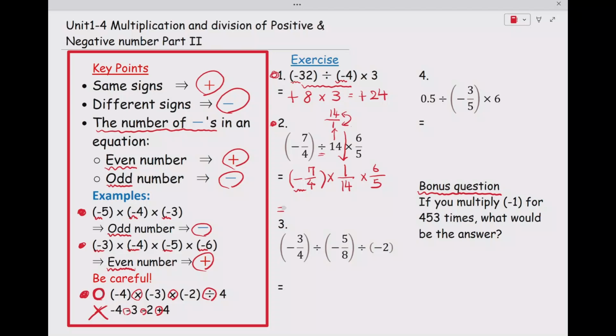For this question, the number of negative numbers is 1, which is an odd number. Therefore, the sign of the answer will be the minus. Next is to calculate the numbers. 7 quarters times 1/14 times 6/5.